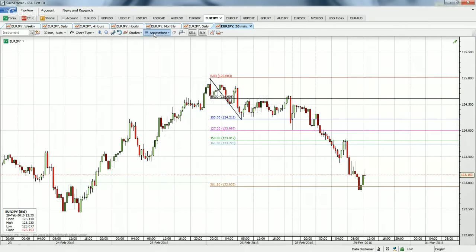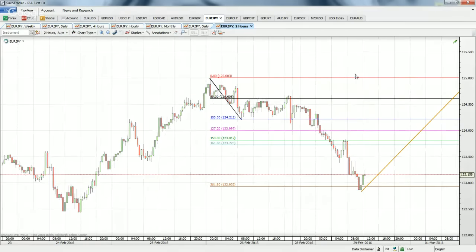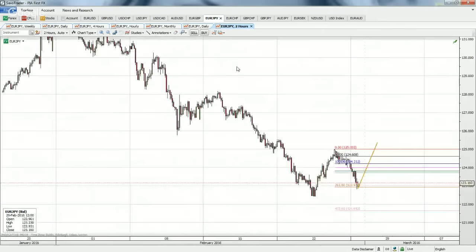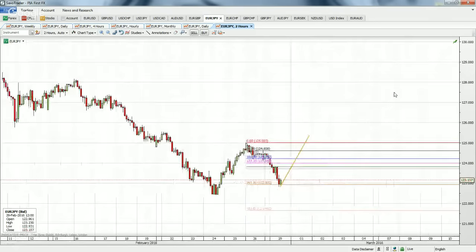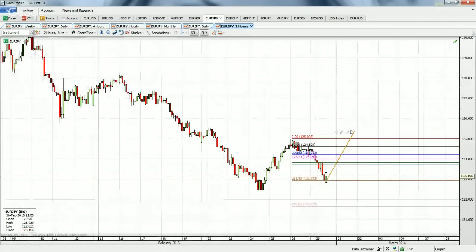What I would look to do, I do think that this move is going to be corrective. I'd look at an ABCD formation and see if that lines up with any of our bespoke resistance levels. And that comes in at 125.38.